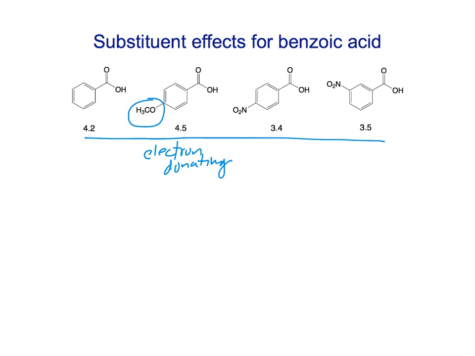It's the least acidic. What about the one with the lowest pKa? It has a nitro group here. So what does a nitro group do? It's electron withdrawing, right?